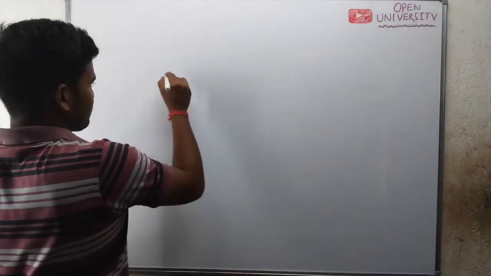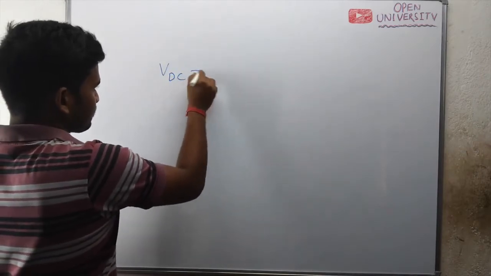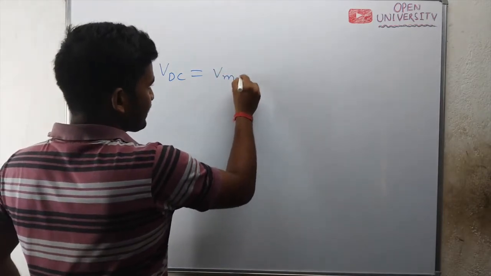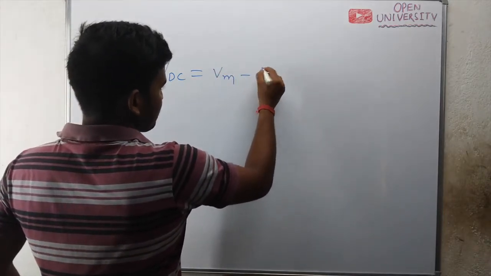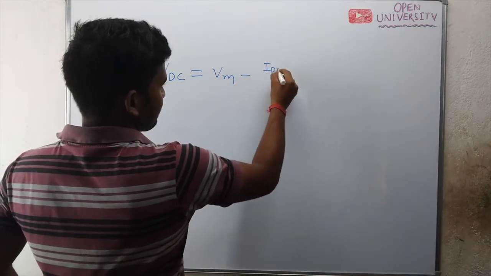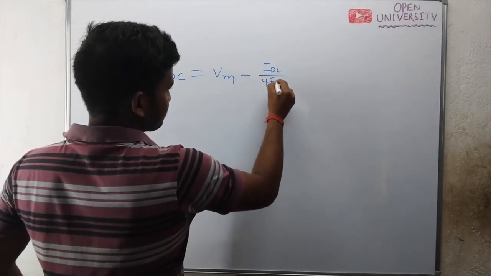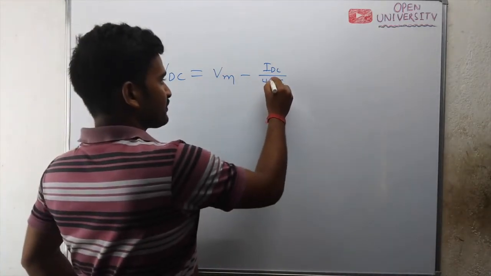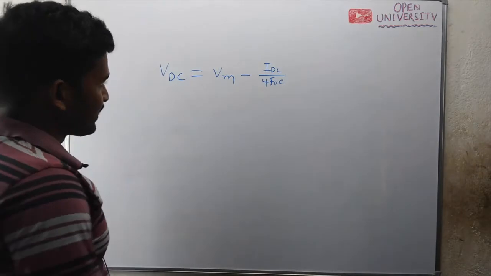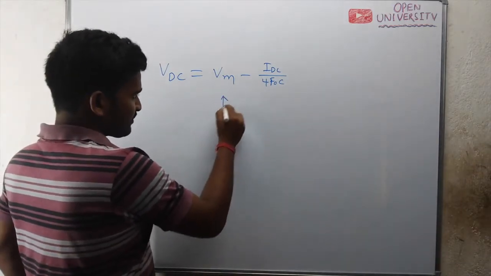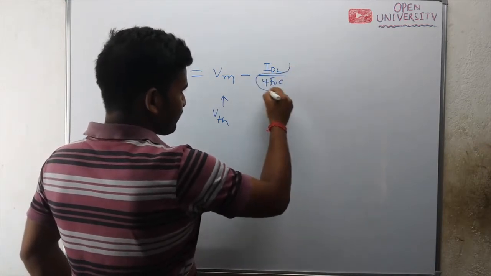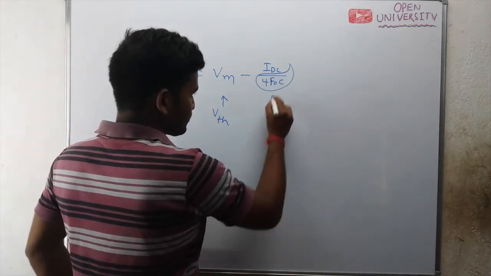See, what was the DC output voltage of your full wave rectifier with capacitor filter? VDC equal to Vm minus Vr by 2, that is IDC by 4F naught C. What is this Vm? This Vm is your VTH, and 1 by 4 F naught C is your RTH.